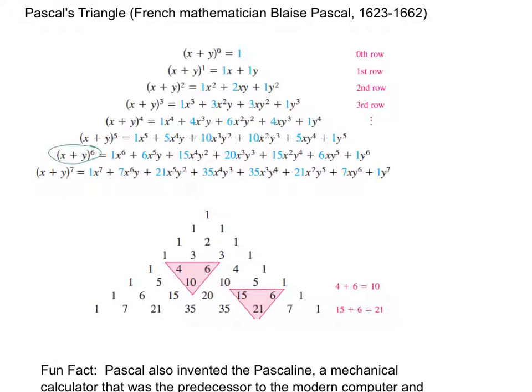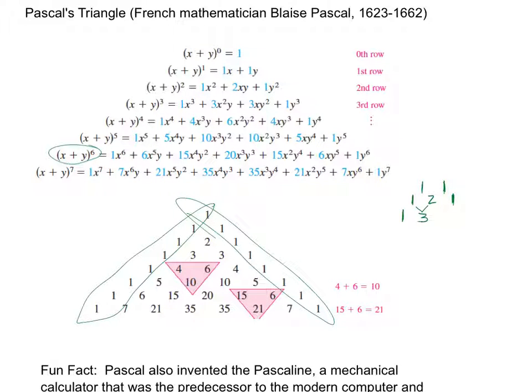So if I'm making my own Pascal's triangle, I can start with the 1 and 1. And notice all the rows start with 1 and end with 1. On my next row I put a 1, but now I'm in between these two 1s. So 1 and 1 is 2. And then I'm at the end of the row, so I put down a 1. Then a 1, and here's a 1 and a 2, so this must be a 3.